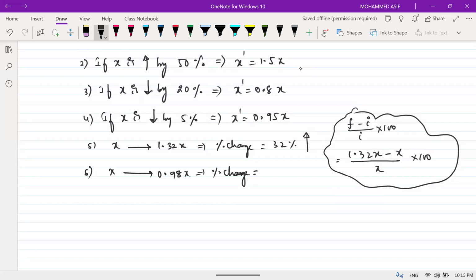If x is changed to 0.98x, यानी 0.98x minus initial is x divided by x into 100. कितना आ रहा? 2% decrease. Very good. Minus 2%. Am I clear?